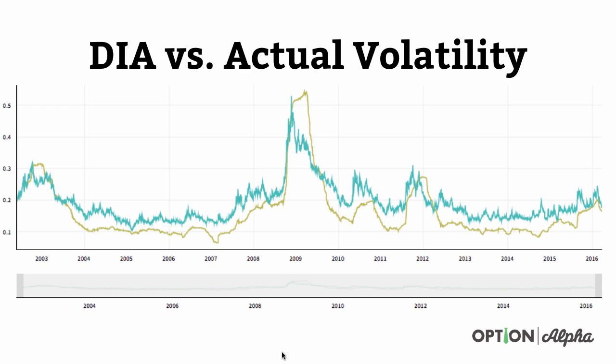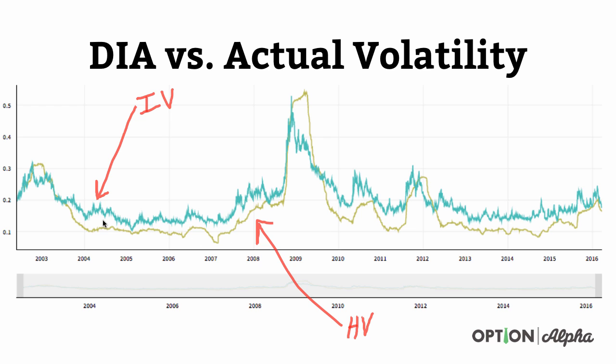So here is DIA implied volatility versus its actual volatility. Now, the blue or teal right here is the implied volatility. This is what the market was expecting, or the market volatility that was priced in. The more green line here, or I don't know what kind of color you call it, really green or yellow-ish, is historical or actual volatility. This is the move that actually happened.